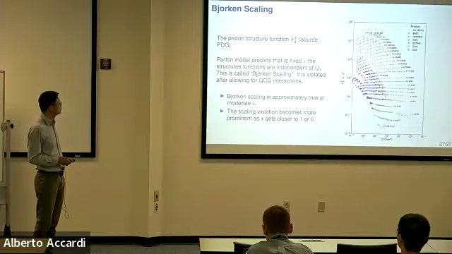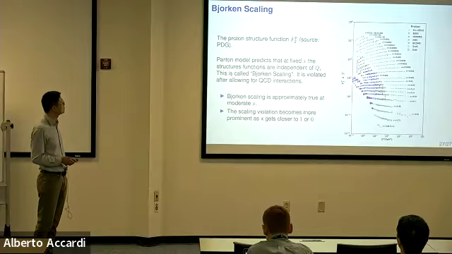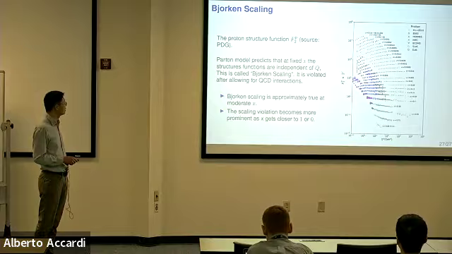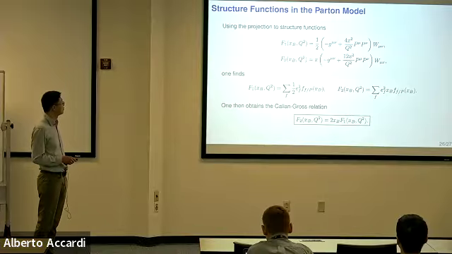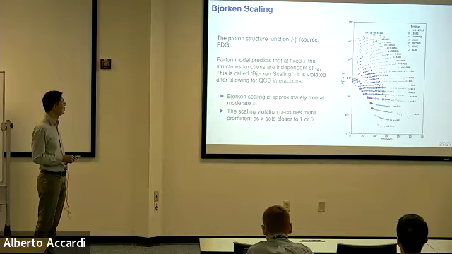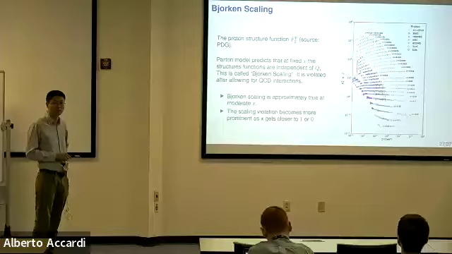But of course, if you go to smaller values of x or closer to 1, the Bjorken scaling is violated, meaning that your leading order calculation here is not sufficient. You need to take into account the QCD interactions.